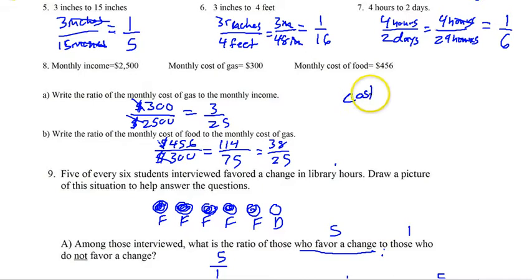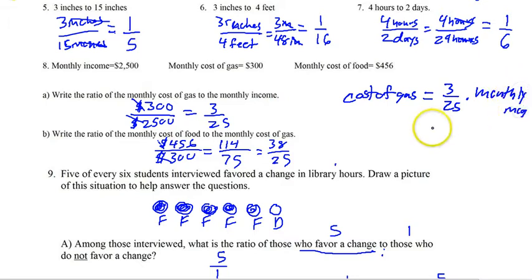So cost of gas is 3/25 times the monthly income, because that is our ratio. Plug in the monthly income. Remember, that's going to just cancel and give us 1,000, 2,500, so it'll give us 100, extra 0 there, which gives us 300. It'll work every time. So that ratio can be turned into a multiplication. Nice. Thank you.